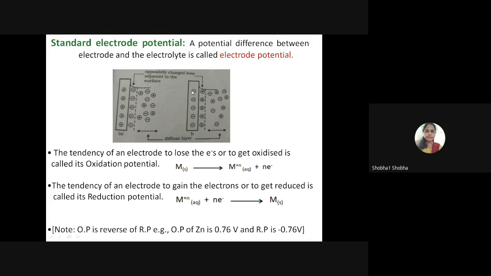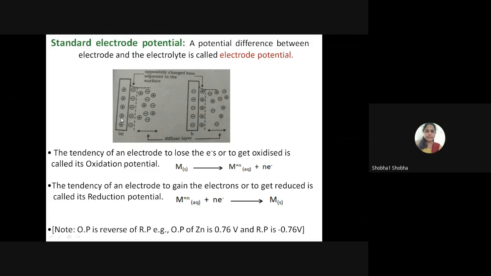See, onto the cathode, if electrode potential is generated, I call it reduction potential, because onto the cathode electrons are gained and converting into a solid metal, right? So this is a reduction potential. Onto the anode, zinc plus 2 ions are there, so negative ions are coming here, right?